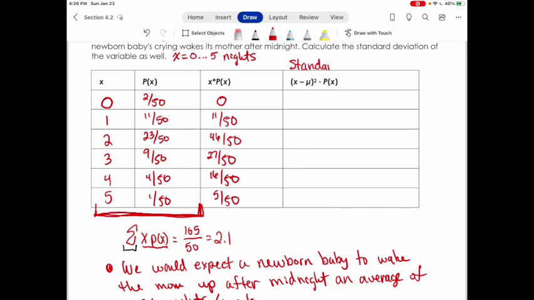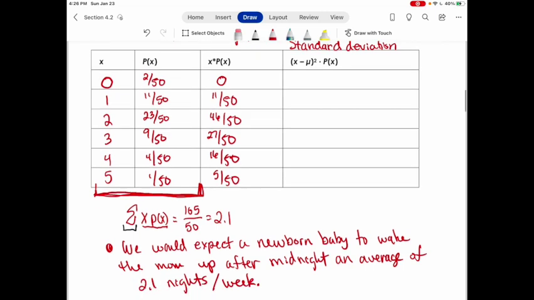Now, to find the standard deviation, I'm only going to go through this once with you by hand, and then after that, we're going to use the calculator for this. What you want to do is take the mean, and in this case, we found that the mean for this probability distribution was 2.1. You want to take your data value, subtract the mean from it, square it, and then multiply it by the corresponding probability.